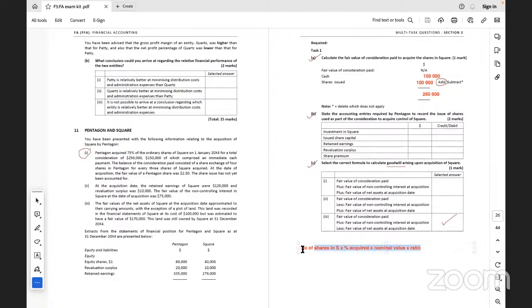The same way, another time you have to do the same equation, but this time without multiplying by nominal value, you multiply this by the premium value. So the double entry would be number of shares in subsidiary company. Look at this part. Subsidiary Square has 40,000 shares at $1 each. So 40,000 divided by 1, there are 40,000 shares in the subsidiary company.